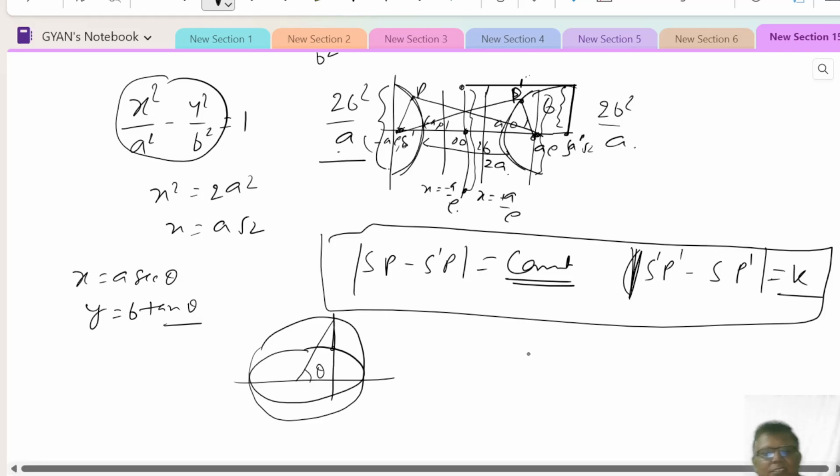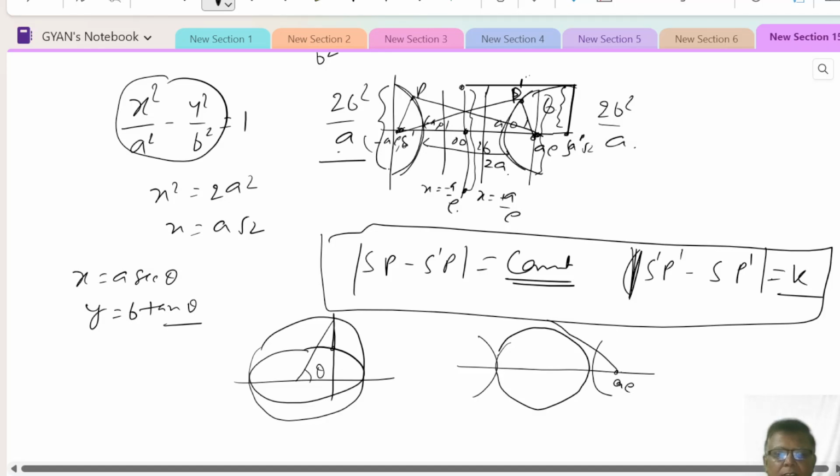Here what is theta? So what you do, you make a circle here, and from here you draw a tangent. So from this point to this point, this will be a and this angle will be theta.